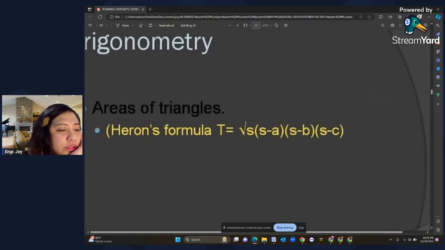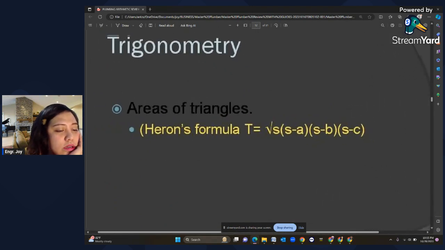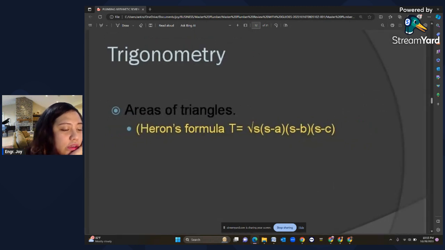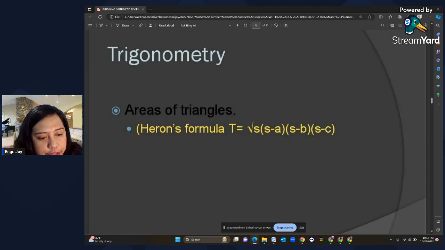Reminder lang nitong trigonometry, para sa areas of triangles, we will use the Heron's formula. T is equal to the square root of S times S minus A times S minus B times S minus C. Okay. Na-remind din ako nitong formula na ito. S stands for the sides?